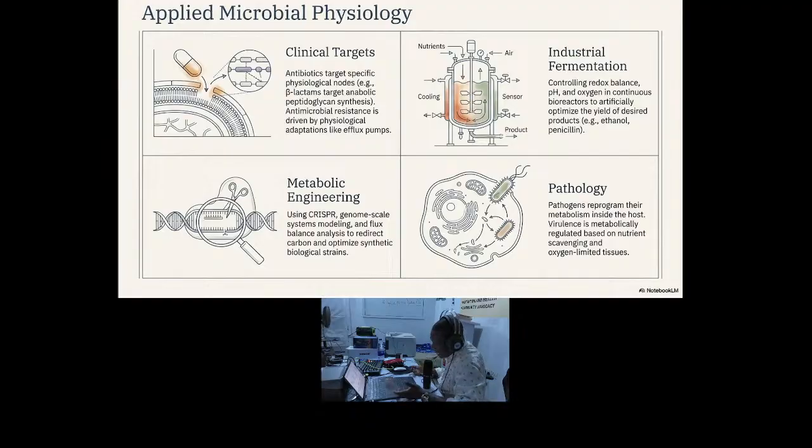Now, applied microbial physiology. Where can it be applied? Where can it be useful? It is useful in clinical targets, like antibiotic targets. Because of my time, I won't be able to go into detail, but I just want you to know that it's very important in four key areas: clinical targets, industrial fermentation, and metabolic engineering like CRISPR.